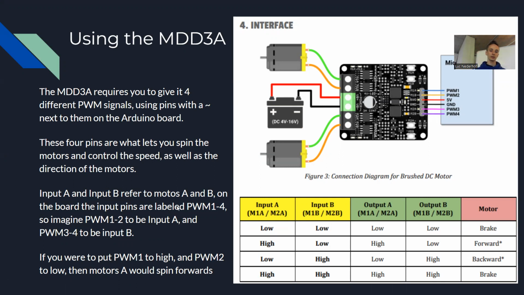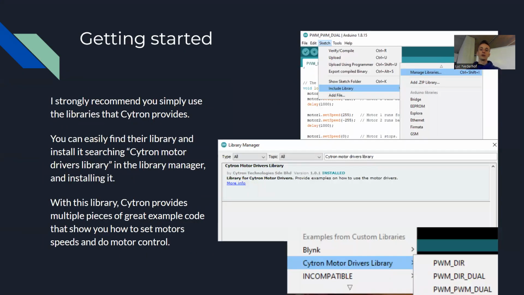So if you were to put PWM 1 to high, PWM 2 to low, then motor A would spin forwards. So essentially, if I put this one to high and this one to low on M1A and M1B, then motor 1, or motor A, would spin forwards, is what I'm trying to get at. It's a bit interesting, but yeah.